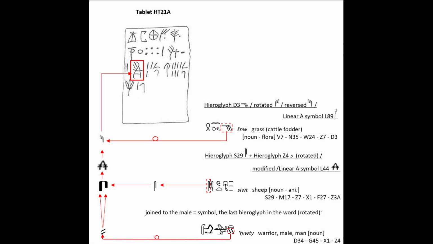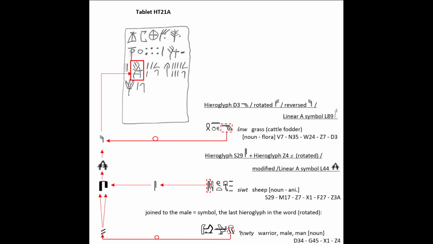Next, looking at category 3, there are 3 hieroglyphs that are combined to make the linear A symbol shown. The first is the male equals symbol, which we know from linear B, and it is actually hieroglyph Z4 rotated by 90 degrees.